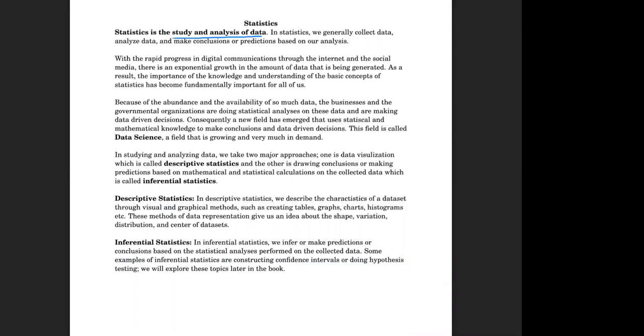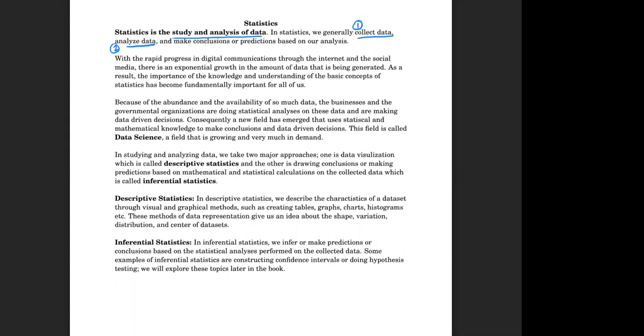When you study statistics, you're doing a three-step process. Step one, you're collecting data. Step two, you're analyzing the collected data. You can use different mathematical methods or procedures to analyze your data.